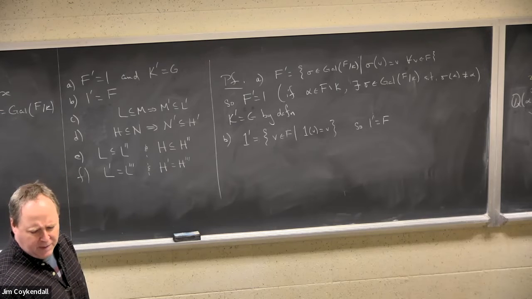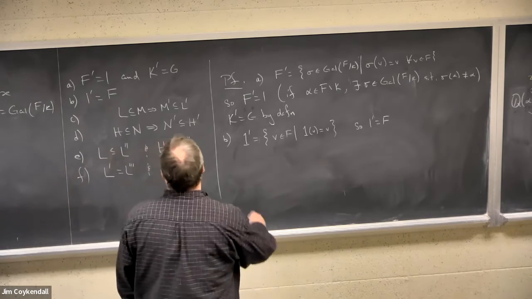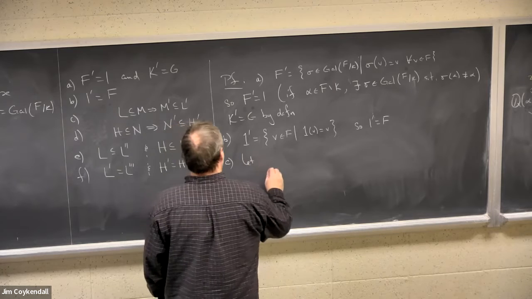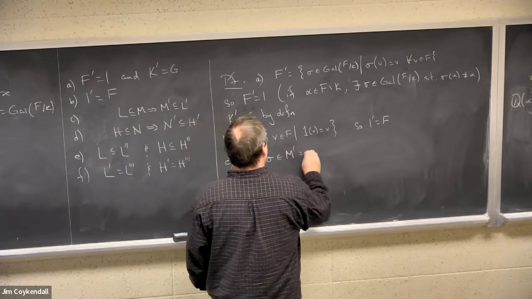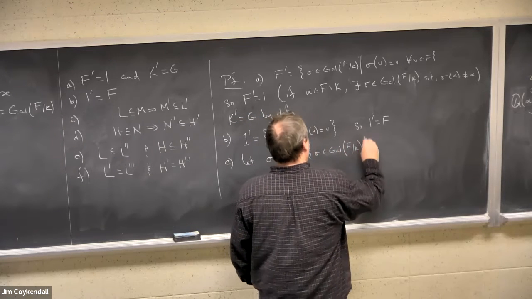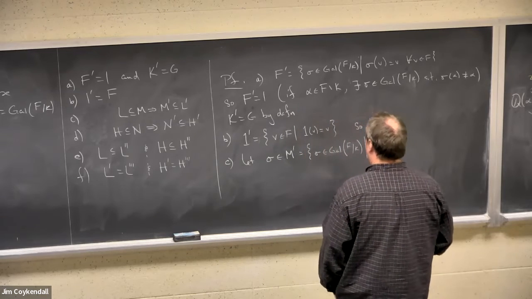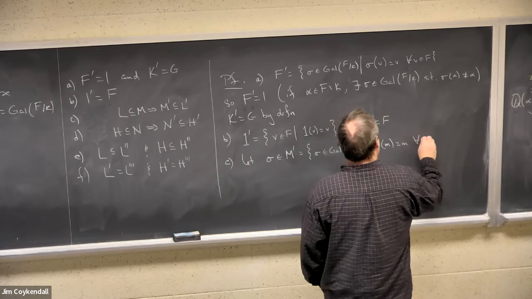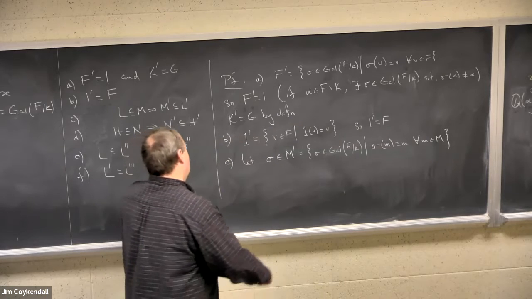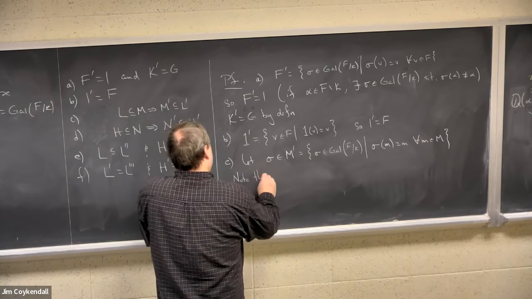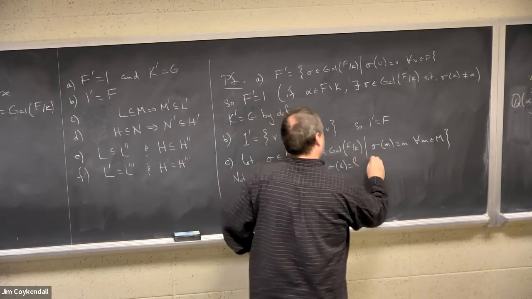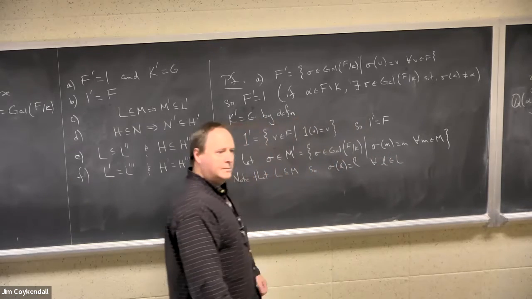We want to prove the containment reversing business. C. Let sigma be in M prime, which is the set of sigma in the Galois group such that sigma M equals M for all M. Note that L is contained in M, so sigma of L is equal to L for all L, right, the fact that L is a subfield.